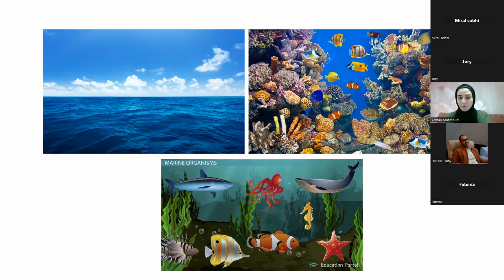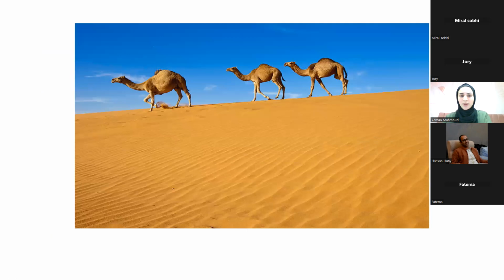Okay, and the first system we have taken is the sea. The sea is the first system that we take today. This is the second one. What is this in the picture? Can you tell me? Desert.